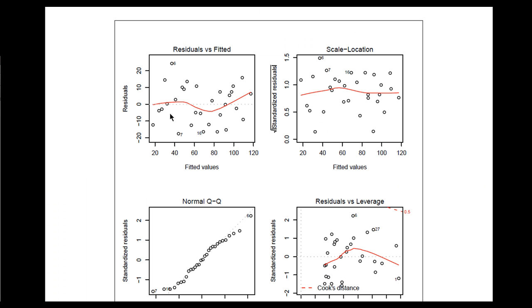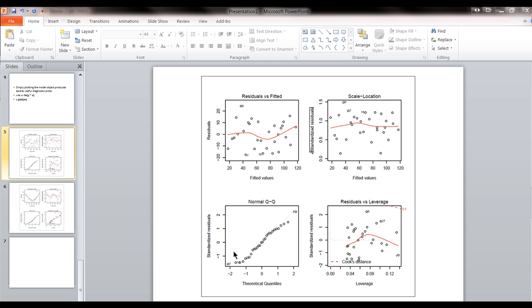So in this one here, you can see that the residuals versus the fitted are randomly scattered around this fitted line, and that's what you want. You don't want to see any kind of pattern here. It's pretty much random off of this line, so that's good. And the normal QQ, you can't see it very well, but the normal QQ plot points are more or less on this line.